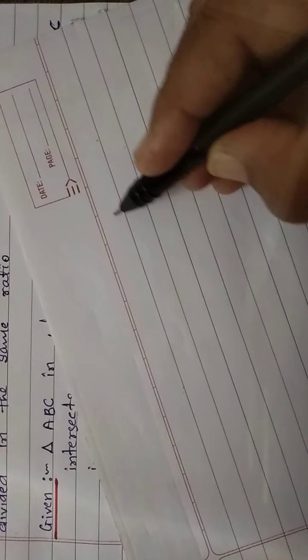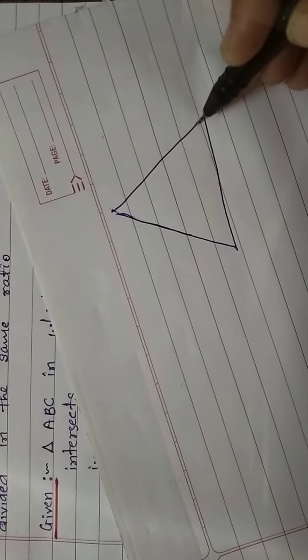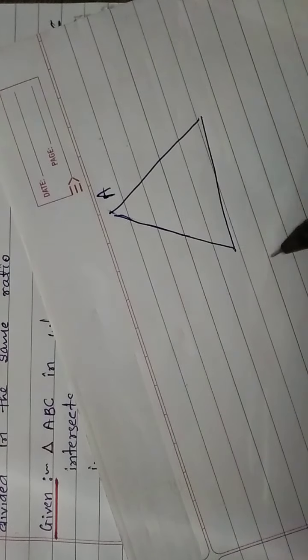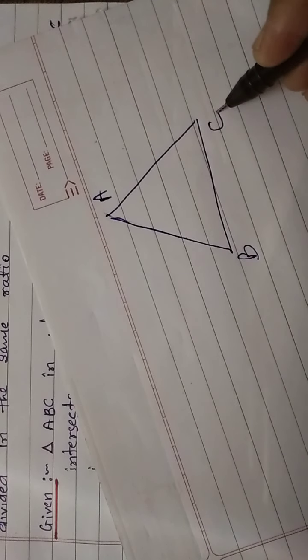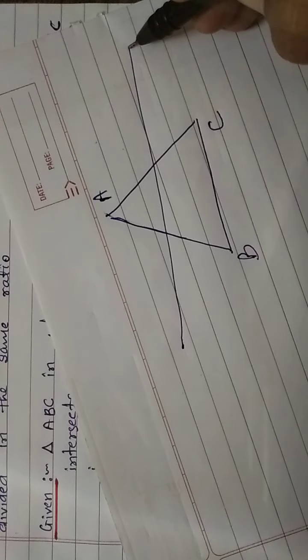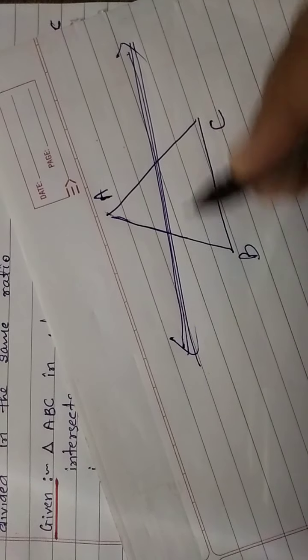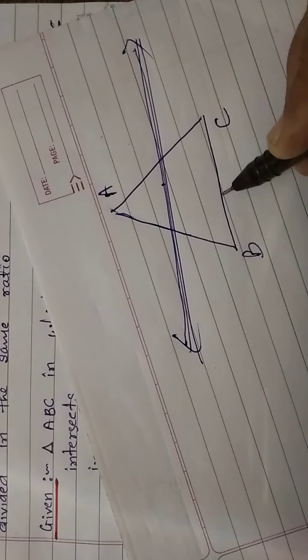So what was given in the figure initially? You were only given this much: a triangle ABC, and a line which is parallel to BC and divides the sides at points D and E. That was the figure.